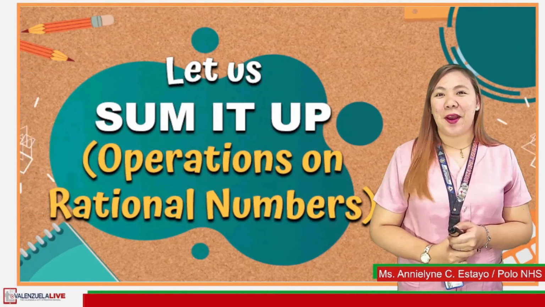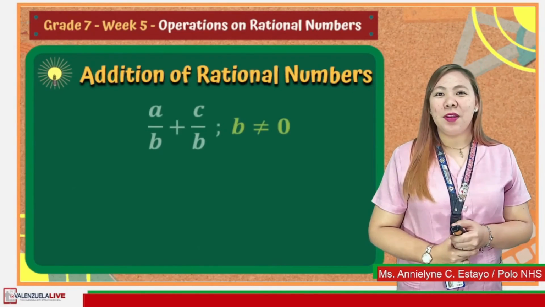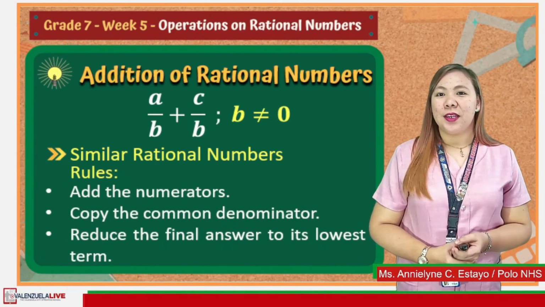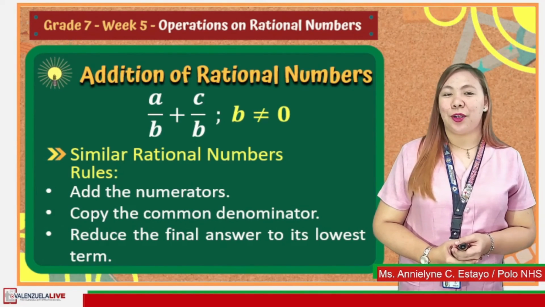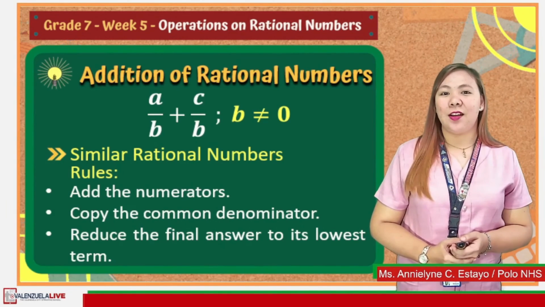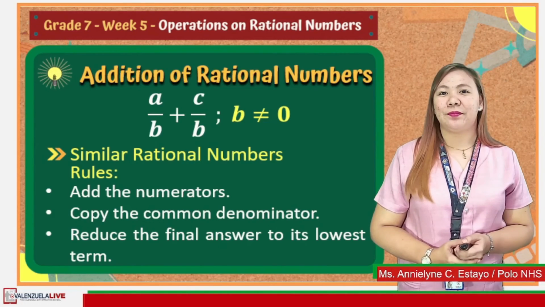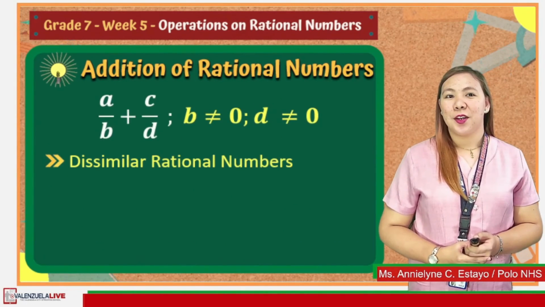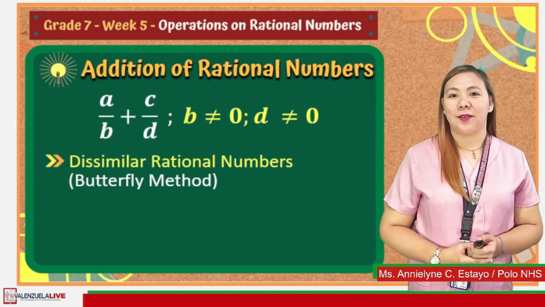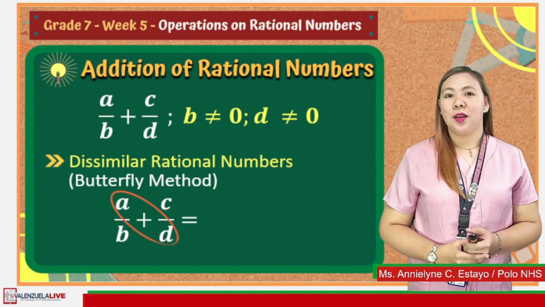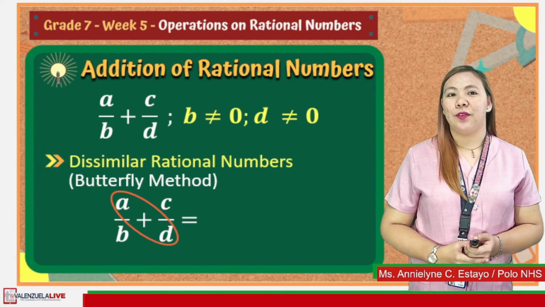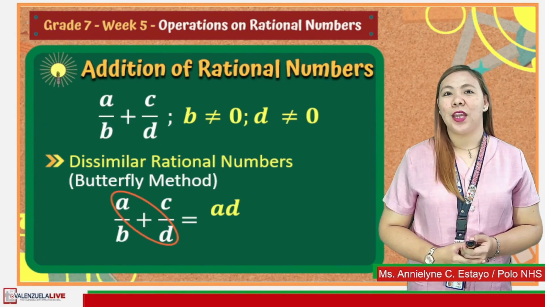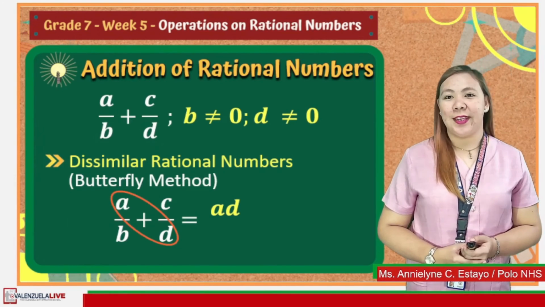Let us sum it up. To add similar rational numbers, add the numerators, copy the common denominator, then reduce the final answer to its lowest term. To add dissimilar rational numbers, we can use the butterfly method. First, multiply the numerator of the first fraction to the denominator of the second fraction, thus we have AD.